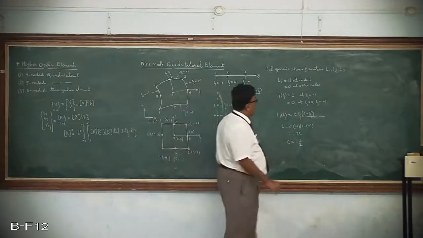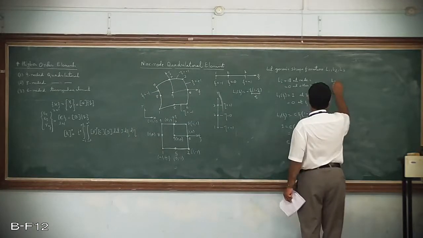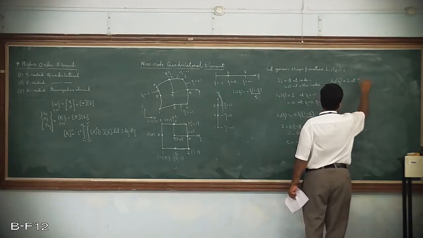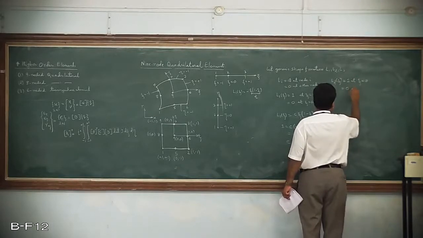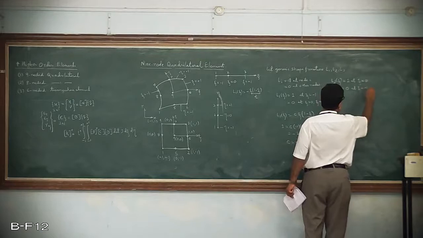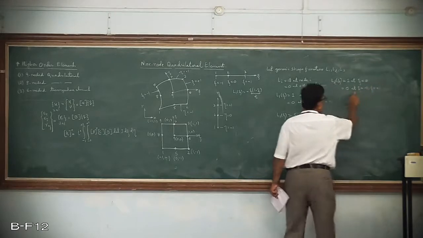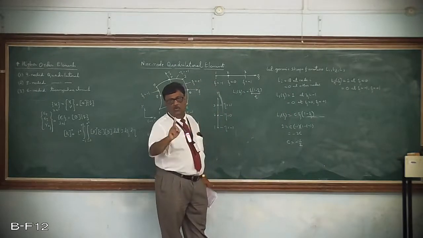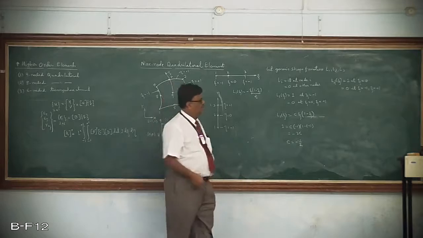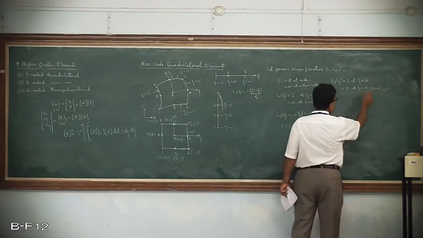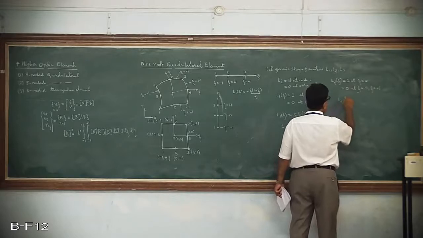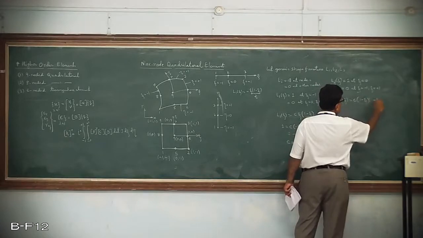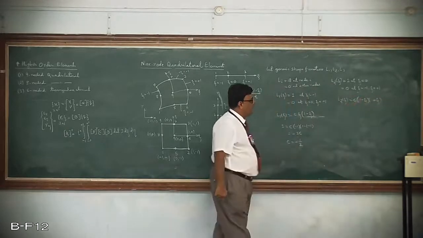In a similar way, L2 of zeta is 1 at zeta equal to 0, please remember, and it is equal to 0 at zeta equal to -1 as well as +1, because at node 1 and 3 the value of L2 is going to be 0, but at center node 2 it is going to be 1. So how to satisfy this? To satisfy this, L2 of zeta has to be of the form C times 1 minus zeta, 1 plus zeta, so that whatever you put here will become 0.